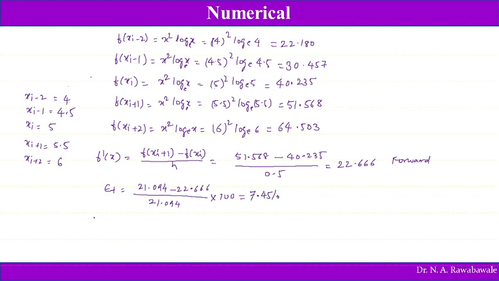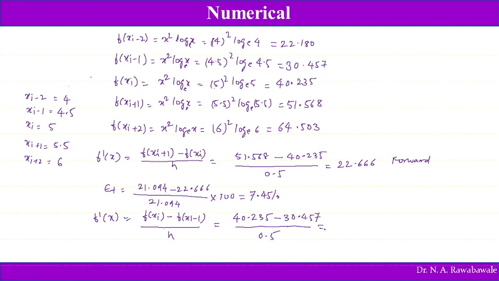So then we use the backward difference formula, which is given as f of xi minus f of xi minus 1 divided by h. The f of xi value is 40.235 minus f of xi minus 1, which is 30.457, divided by the h value, again 0.5.